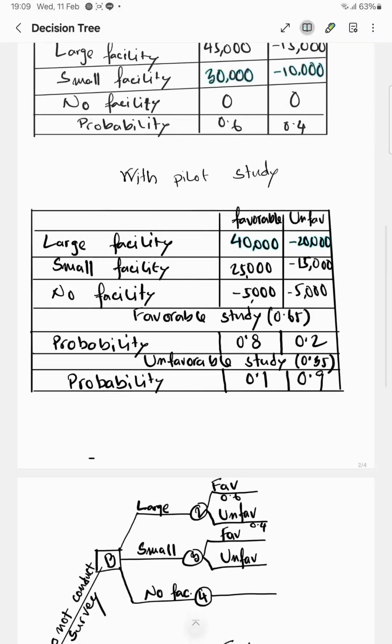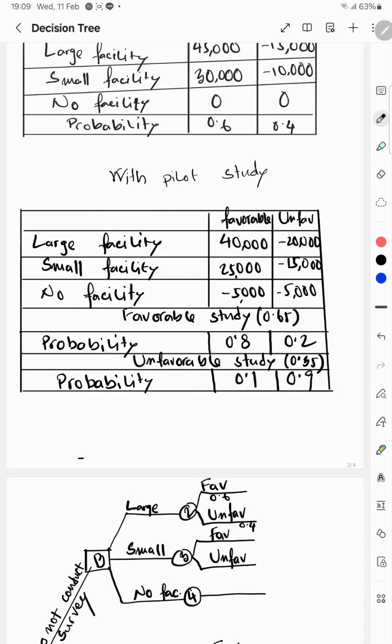So now have a look. The first one is large facility, and that would be 45,000, and with an unfavorable market, that would be minus 15,000. In the same way 30,000 and minus 10,000, and this one is 0.